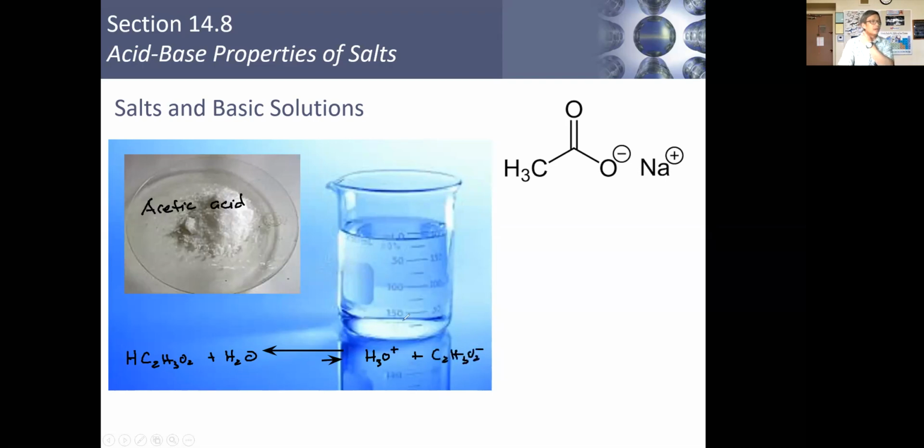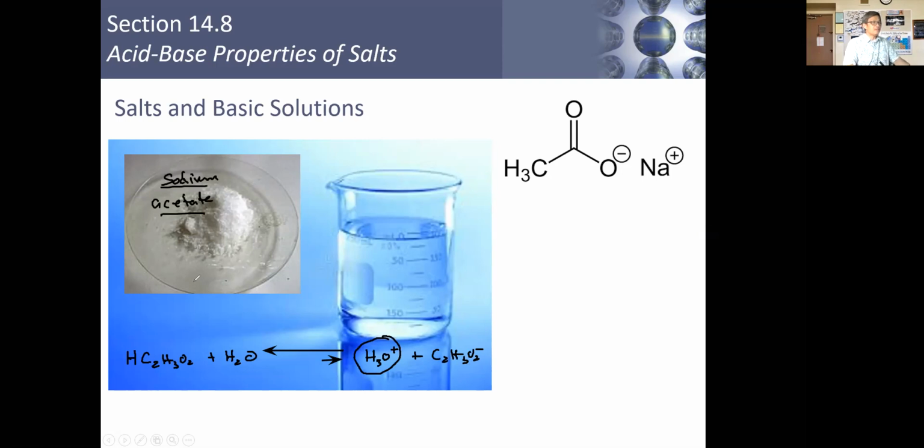And it's the formation of the hydronium ion that makes it an acid. I'm sorry, this is not acetic acid. This is sodium acetate.